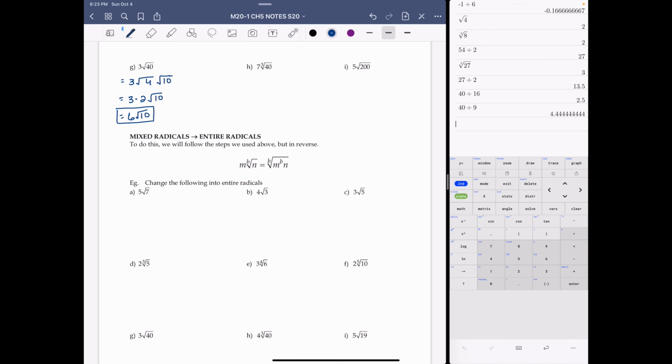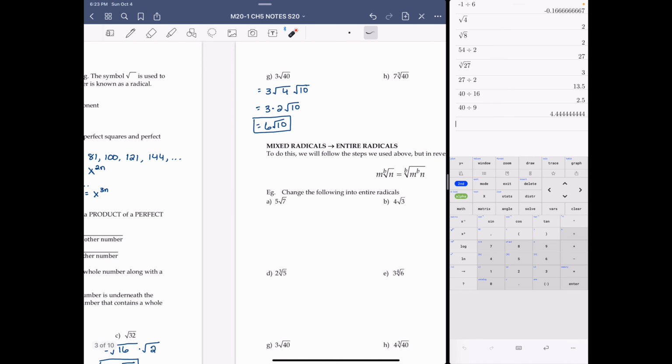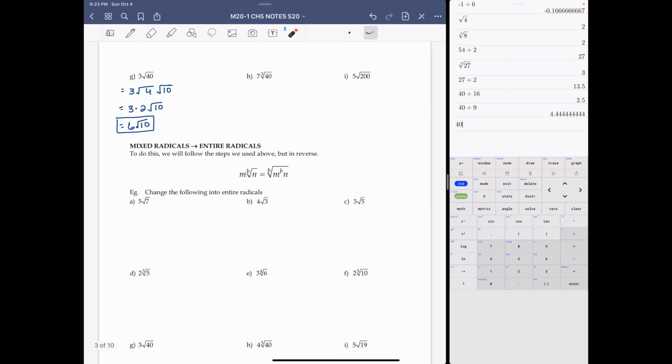7 times the cube root of 40. Half of 40 is 20. So we want to look in the list of perfect cubes for numbers that are less than or equal to 20. And the only one that we have is 8. Does 8 divide 40? It sure does. 40 divided by 8 gives us 5.